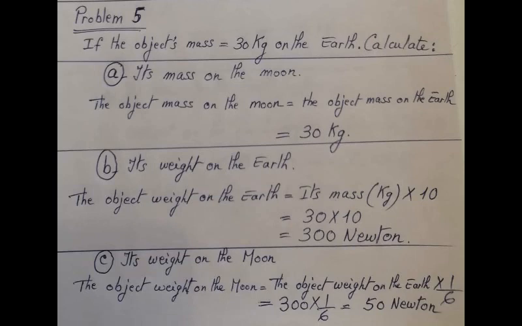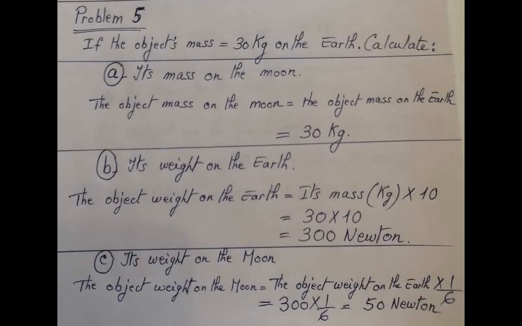B, the second requirement: its weight on the earth. The object's weight on the earth equals its mass by kilogram times 10, equals 30 times 10, equals 300 Newton.